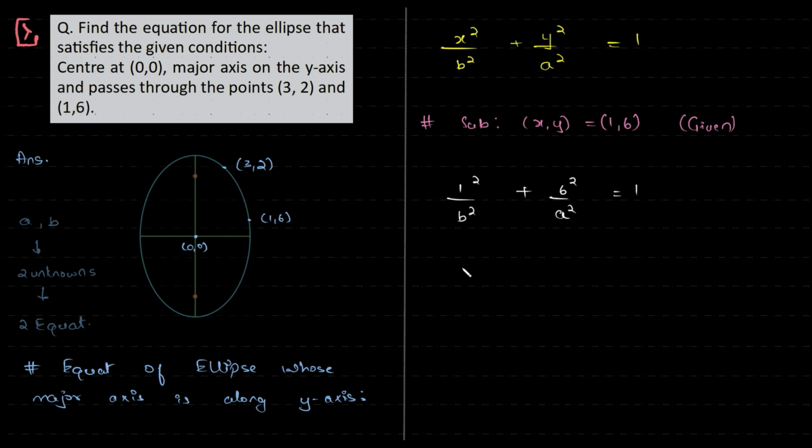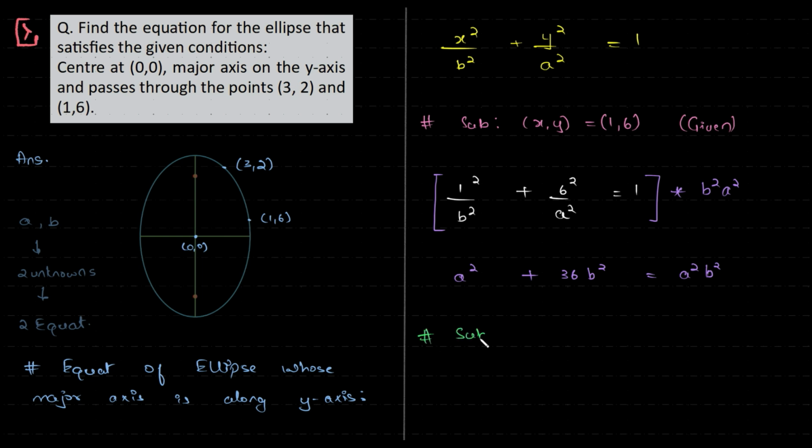Next, we can multiply throughout. These are indirectly linear equations in two variables. Yes, they have a power of square, but we can directly do this. If I multiply, here we'll end up with a square, here we'll end up with 36 b square, and here we'll end up with a square into b square. So that we can call equation 1.